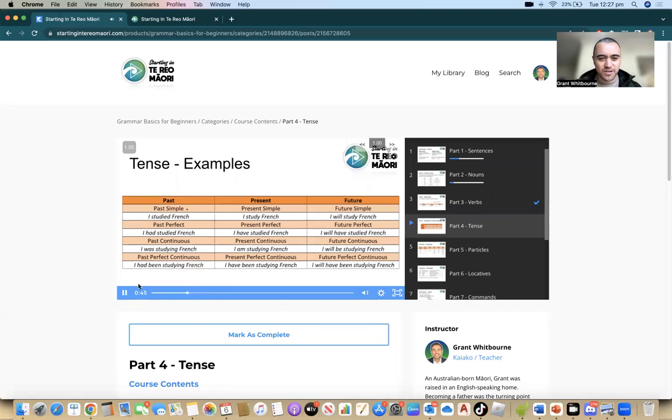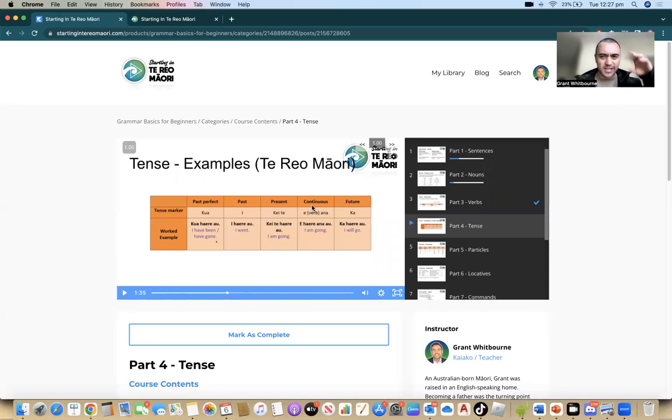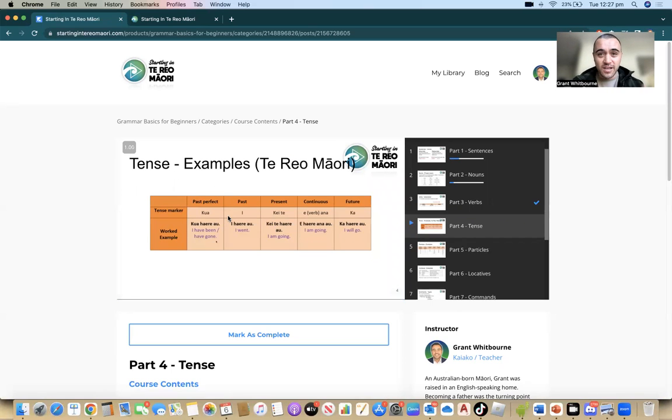We start to look at, like we explain what past, present, and future tense is, but you'll see throughout the course that there's a sprinkling of Te Reo Māori. This is because I wanted to give the information in English and then in the context of English grammar, but I wanted to sprinkle in there a little bit of Te Reo Māori.